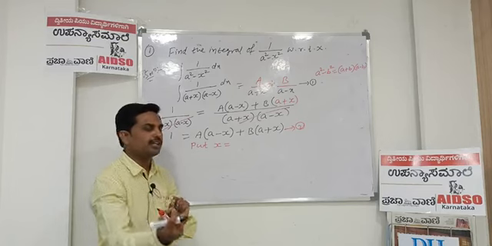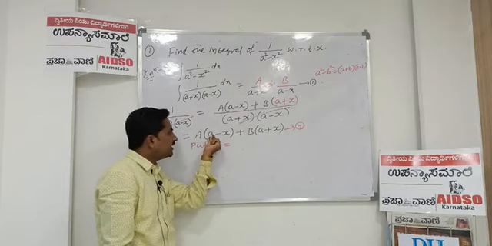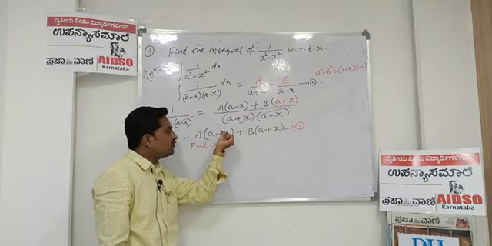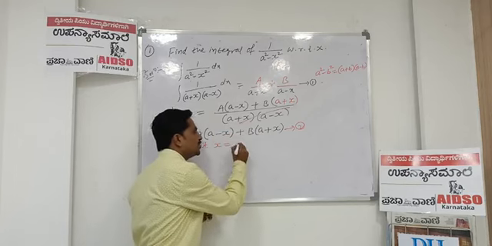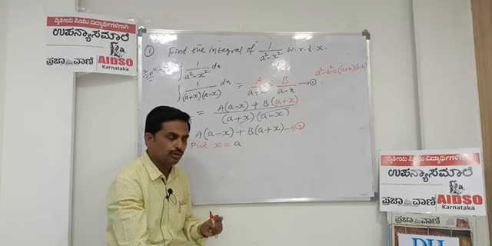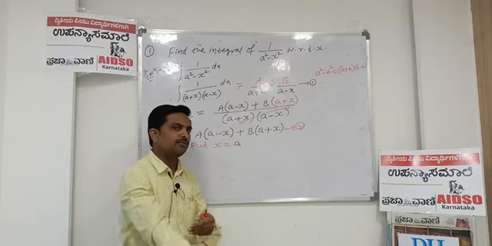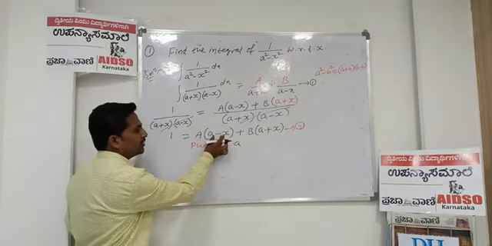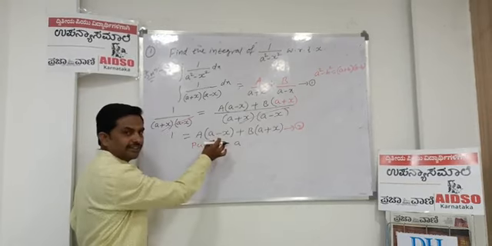The hint is already given. If in place of x you substitute a, a minus a will be 0, so 0 into this entire part gets cancelled. Based on this sign itself we can take the substitution.